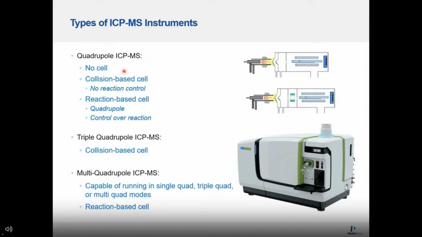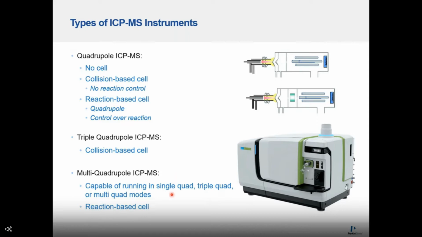Or you can have a single quadrupole analyzer with the cell to remove polyatomic interference through either collisions or reactions. We can also use triple quadrupole instruments which are able to filter analytes before they enter the cell.